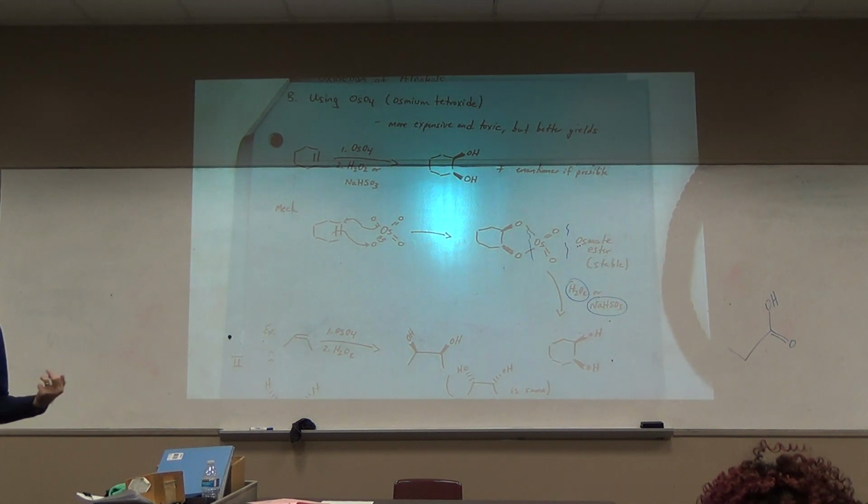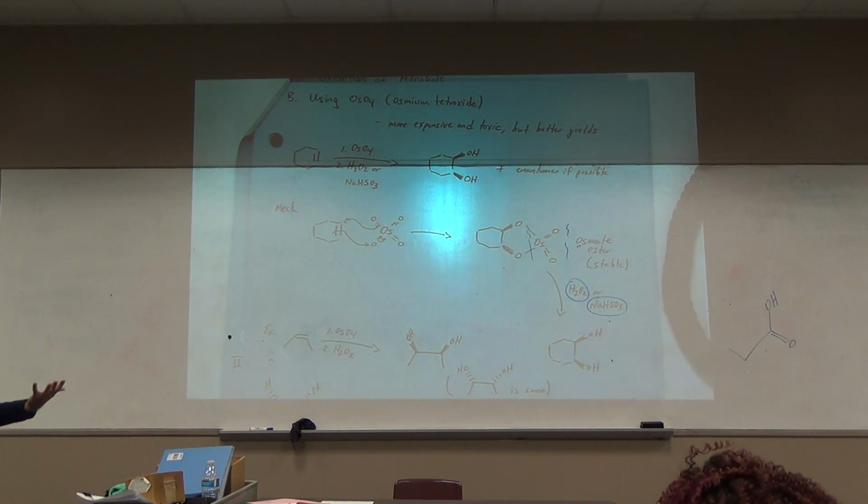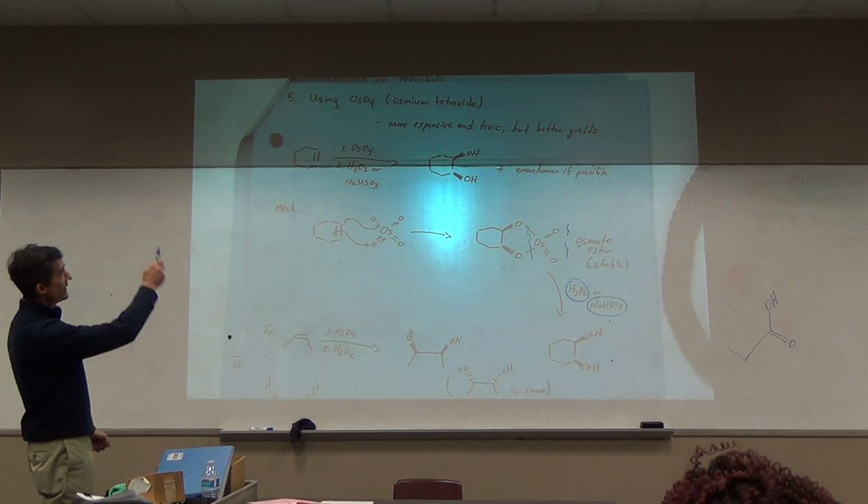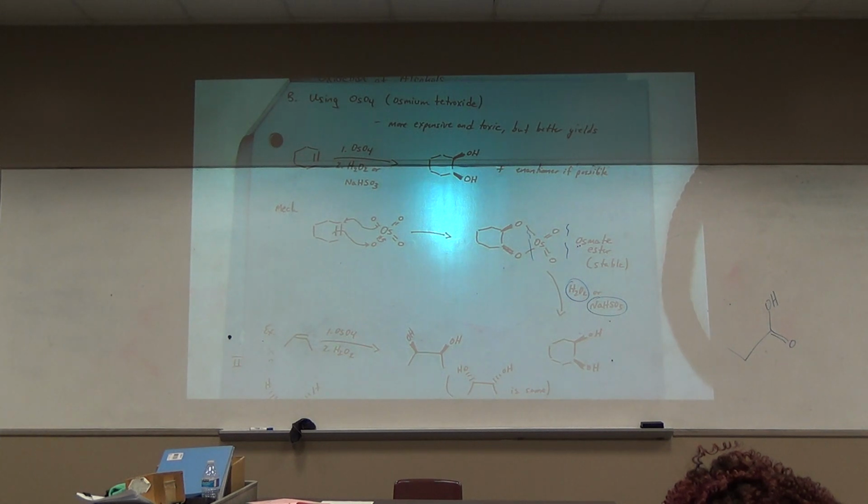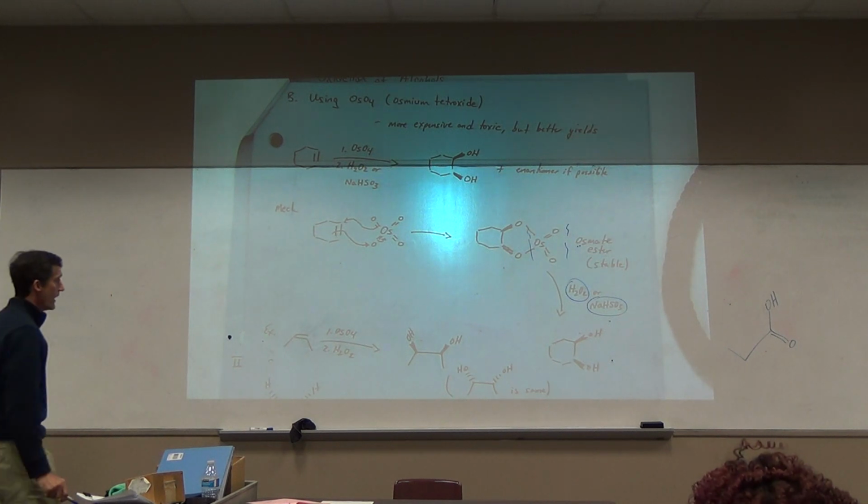Or is it okay to get not as good a yield, but to have a safer reagent? You make the decision. All right? You can probably look up osmium tetroxide on the wiki, and it'll probably say it's quite dangerous. But it is an alternative.